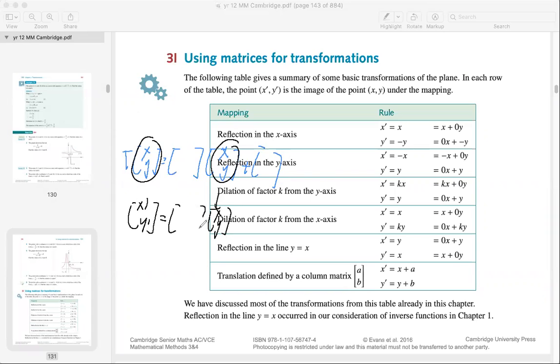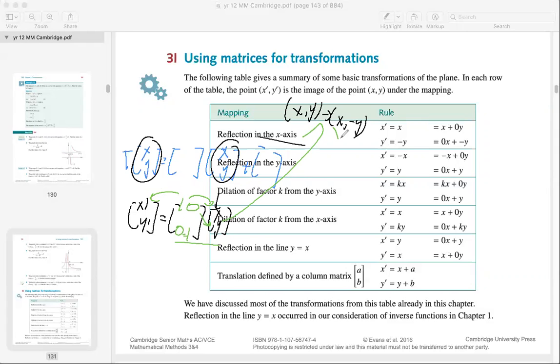So if it means reflect in the x-axis, which means (x,y) changes to (x,-y), x remains the same. In matrix, it represents 1, 0 because 1 times x plus 0 times y gives you x dash. And you realize y dash becomes negative, so you just plug in 0, negative 1. That's how we get the matrix, and that's again how we go from matrix back to our functions or linear equations.